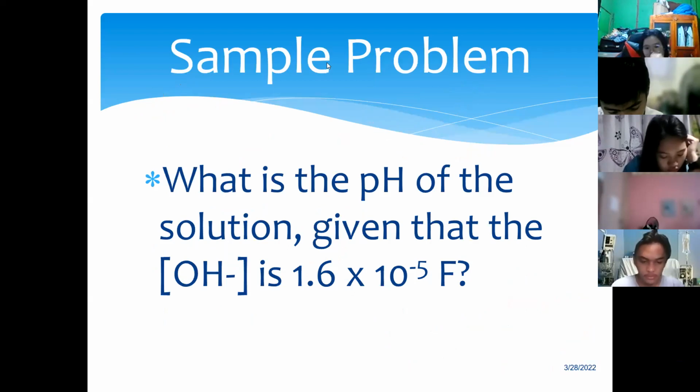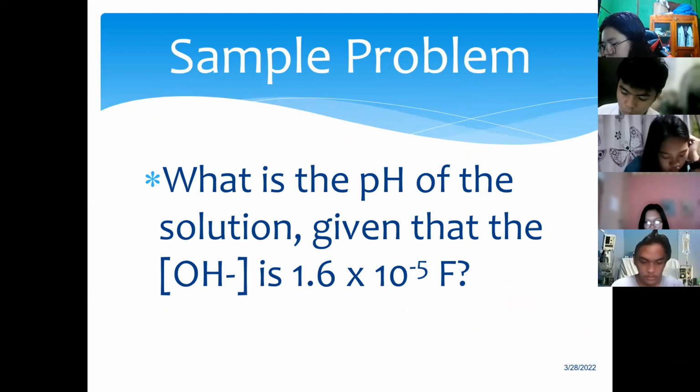Igagamitin natin yung ating new formula for this sample problem. So number 1, what is the pH of the solution given that the hydroxide ion concentration is 1.6 times 10 raised to the power of negative 5. Okay?